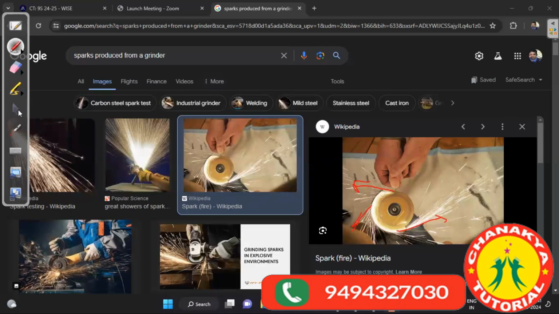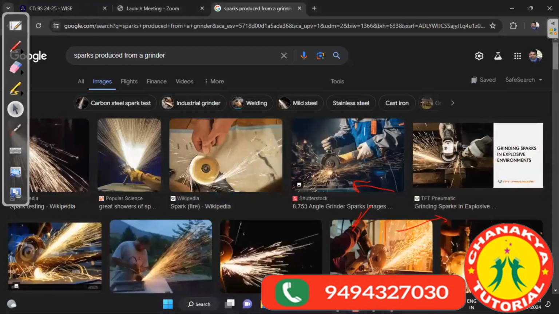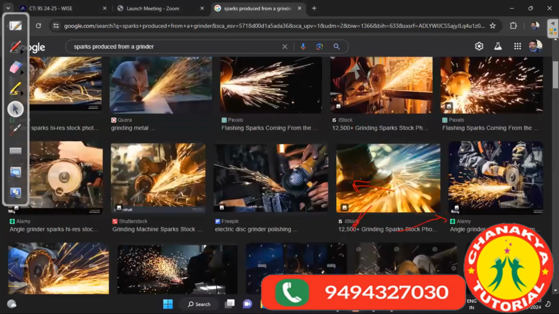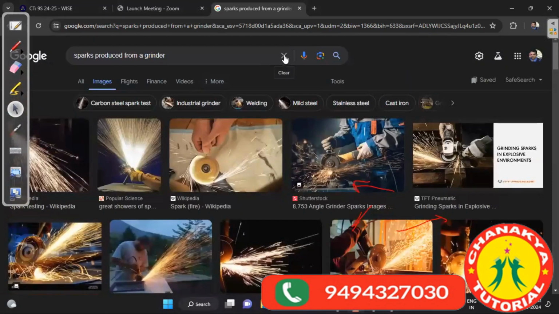So you can see various other examples like mud being thrown from a muddy cycle tire. All these sparks which you see here are also tangential at every point. Got it? So I'll also show you the mud coming out of tires.